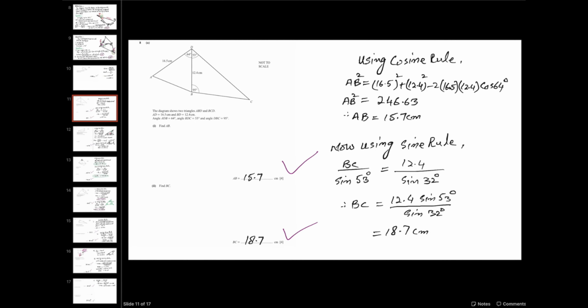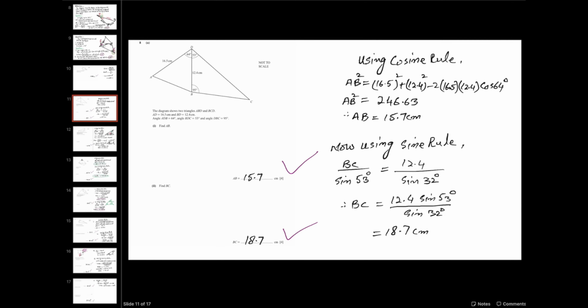In this question, the diagram shows two triangles ABD and BCD. Side AD is equal to 16.5 centimeter and side BD is equal to 12.4 centimeter.